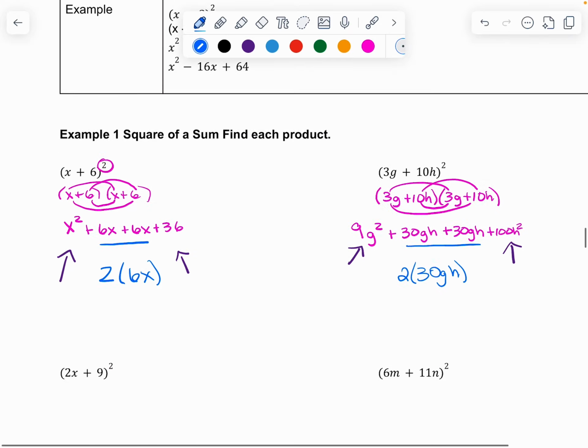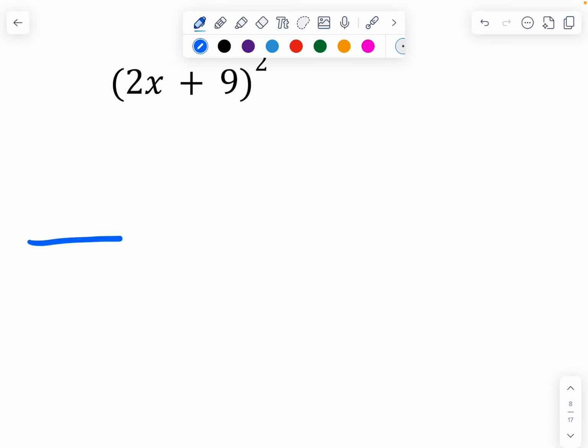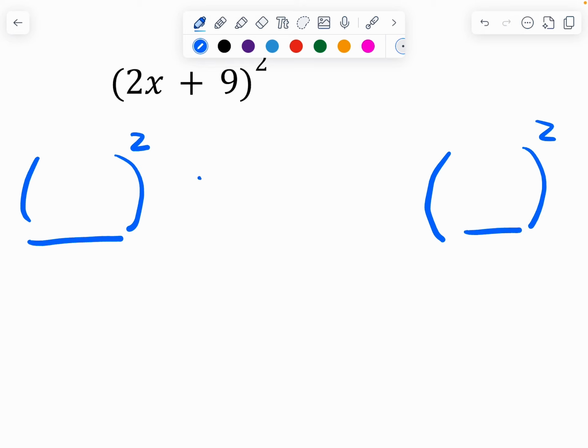Okay? So again, this is a perfect square. It's the first term squared. And then we have the second term squared. I should have done that in purple, because I did it in purple up above so that you can see. Those are perfect squares.